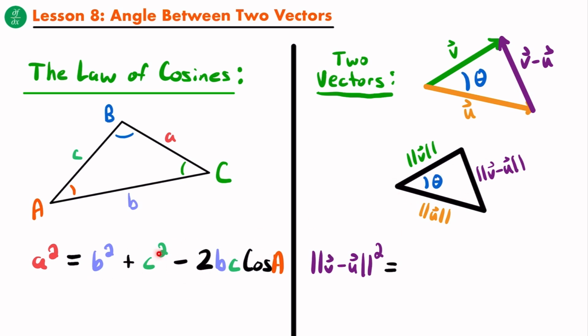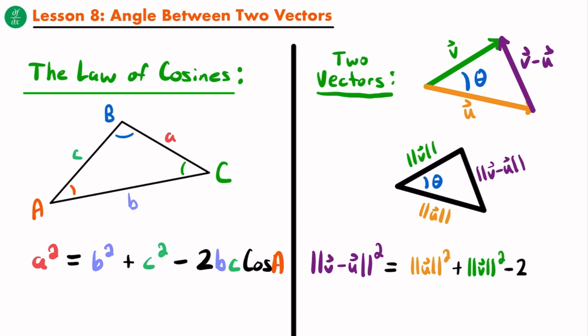Now the next thing we have is b squared, which is this side length squared. In the case of our triangle, that's going to correspond to the magnitude of vector u. So we'll have the magnitude of vector u squared, and then we're going to add that to c squared, where c represents the other side length of the triangle. So that's going to be the magnitude of vector v. So we'll have the magnitude of vector v squared, and then we're going to subtract 2, right, minus 2 times b times c.